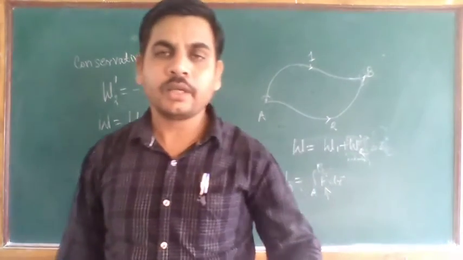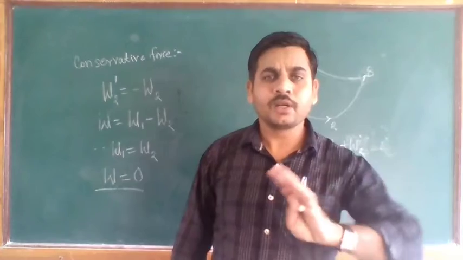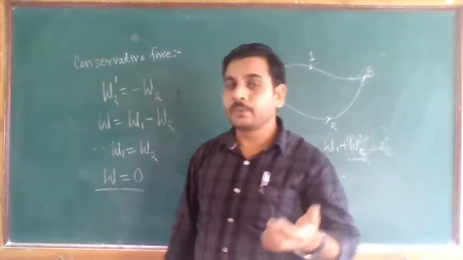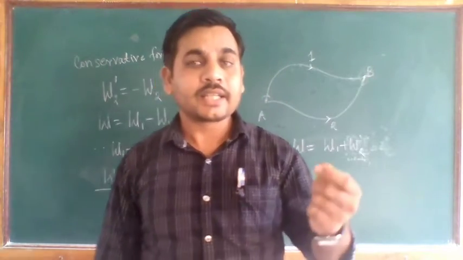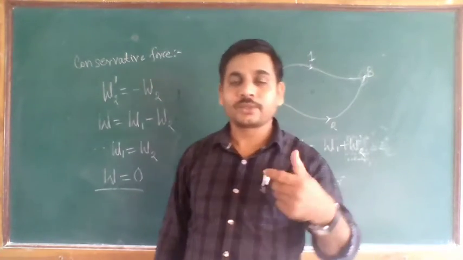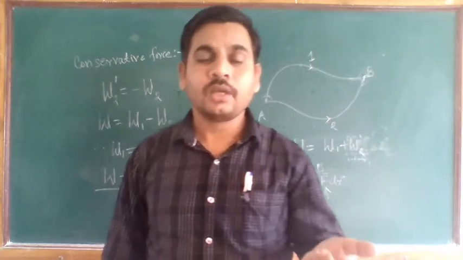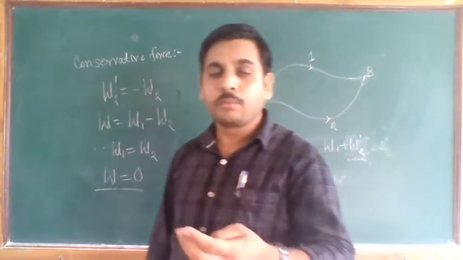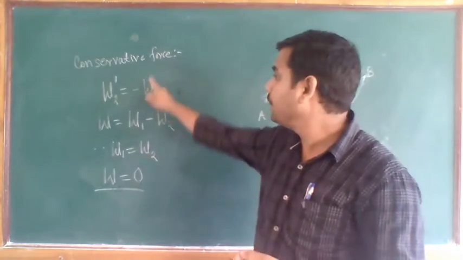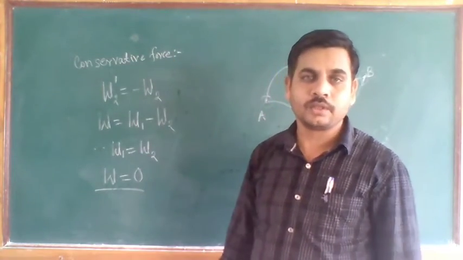So this is your simple conservative force. If you want to check some examples, we can say the gravitational force and also the Coulombic electrostatic force are both examples of conservative force.